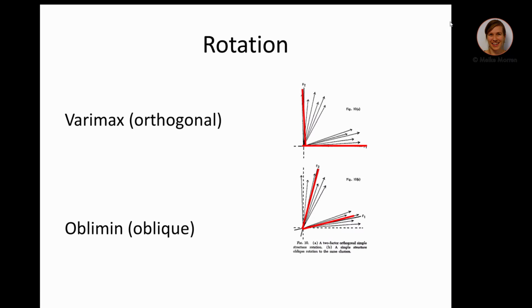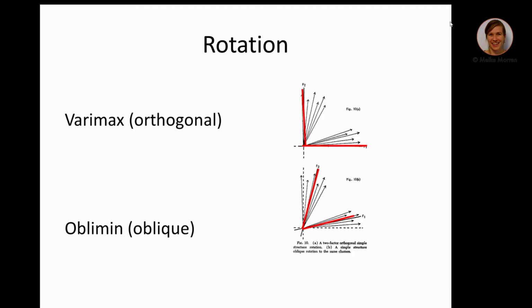Another choice you have to make is whether you will rotate the dimensions or not. These factors that you will estimate can either be orthogonal in the first picture, where they are rectangular to one another, or oblique, where they can be closer together as shown in the second figure. So the oblique rotation actually allows the two factors that you estimated using the factor analysis to be correlated.